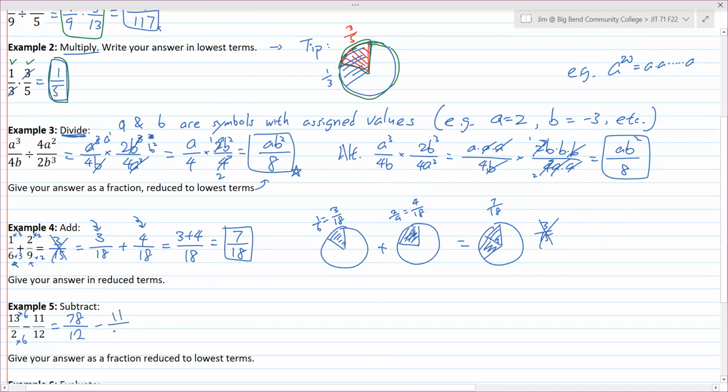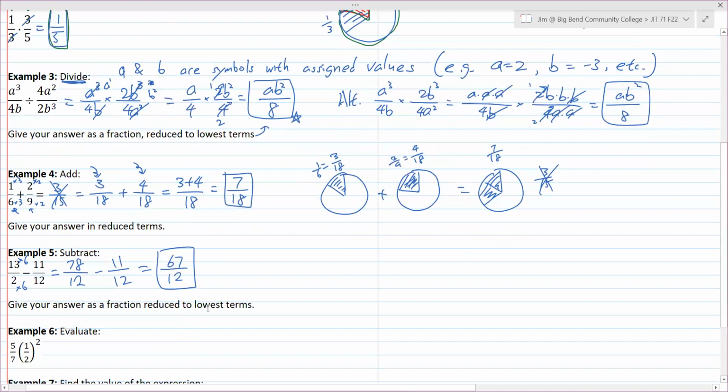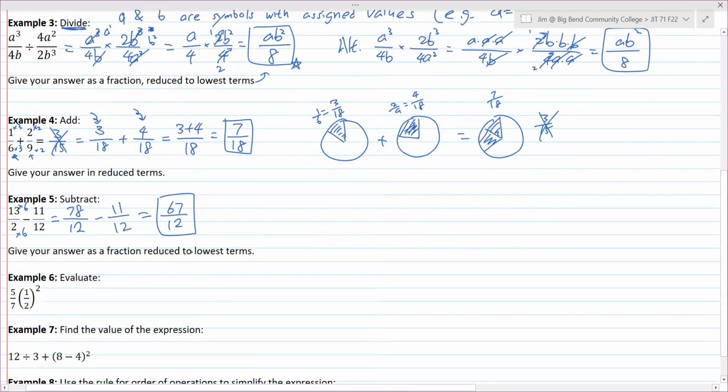Then you subtract 11/12, and voila, you got the answer, 67/12. The algebra shows that the answer is 67/12, and that is the reduced lowest term, indeed, because 67 is a prime, and there's no other integer greater than 1 to make it divisible.